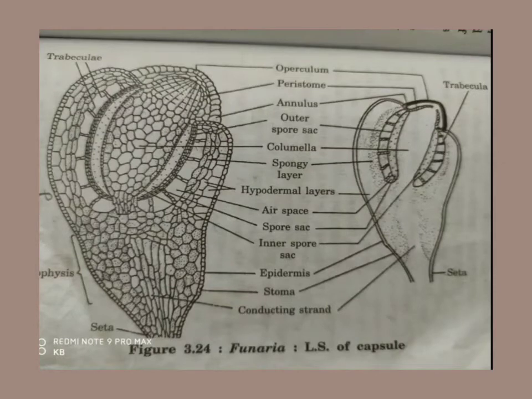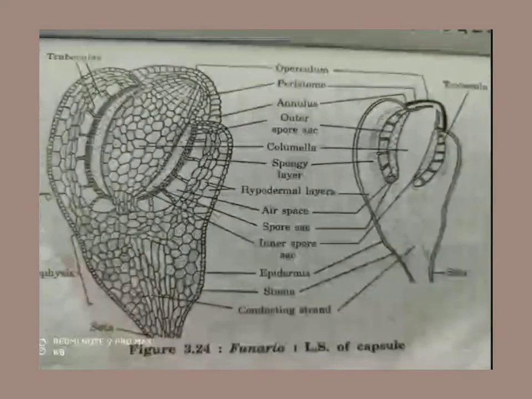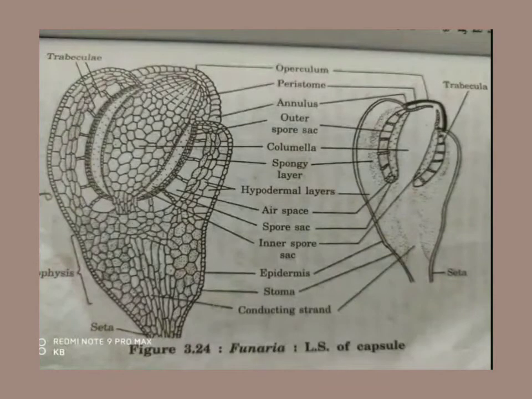This is a figure of the sporophytic structure, also known as the Funaria capsule, and this is the figure of the LS, longitudinal section, of the capsule. You can see this is the capsule of Funaria, with many parts in this figure.